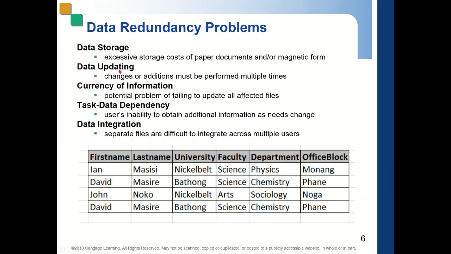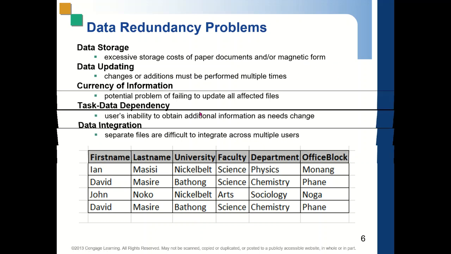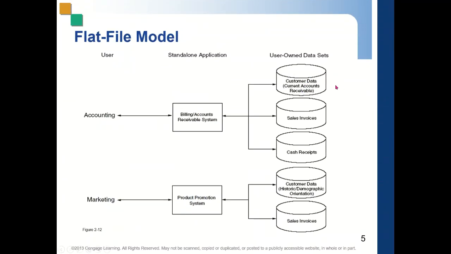So that is what it means when it talks here about excessive storage costs of paper documents and or magnetic form. So in this example, we are thinking about hard drives and basically the IT infrastructure that you need to manage your files. But also your system may be paper-based, in which case you have a huge drawer containing paper files about your customers.